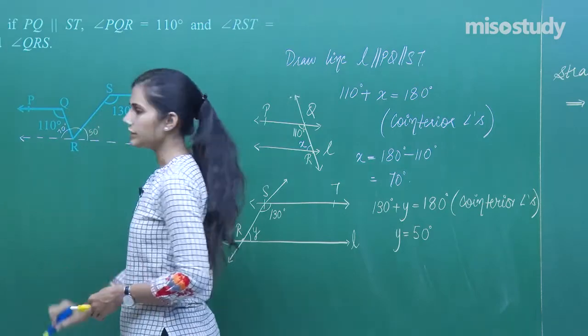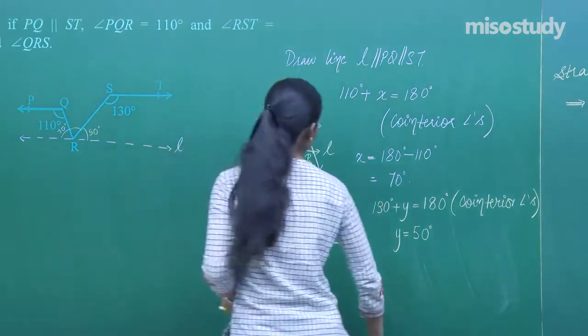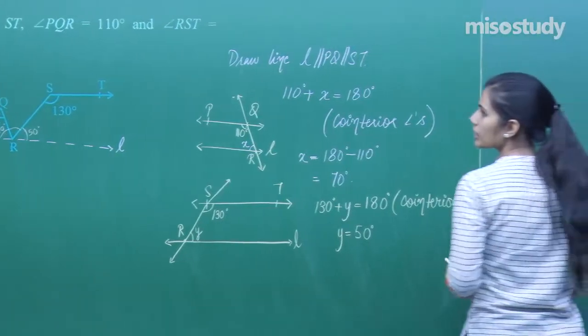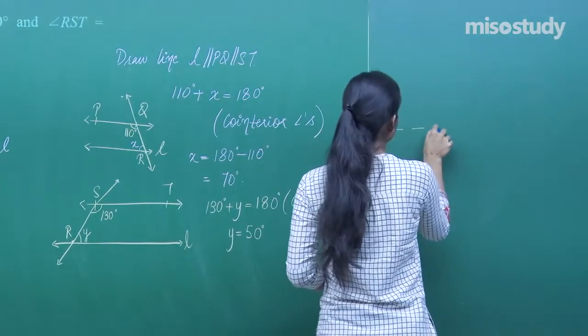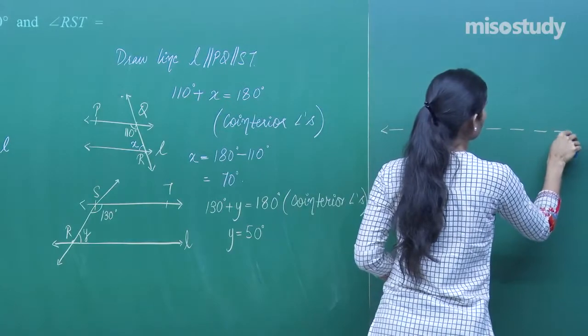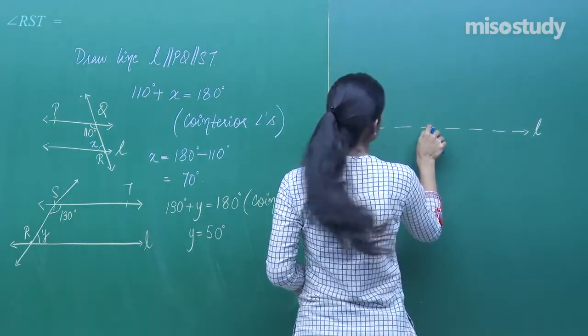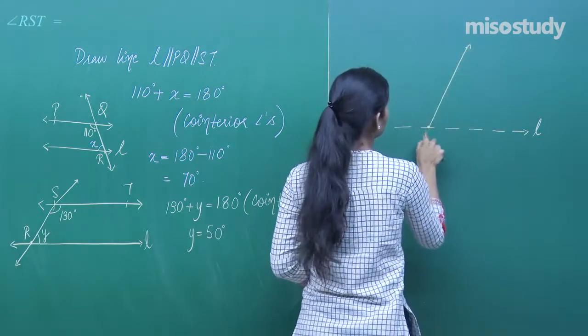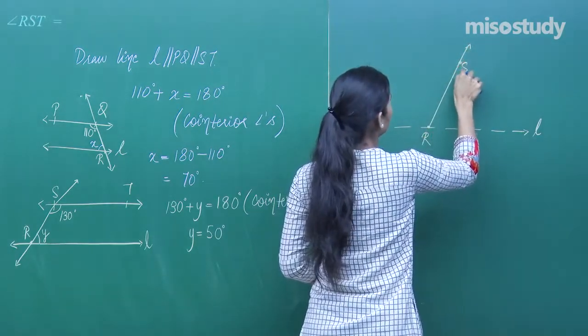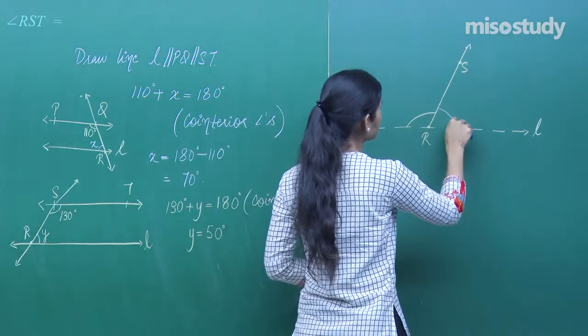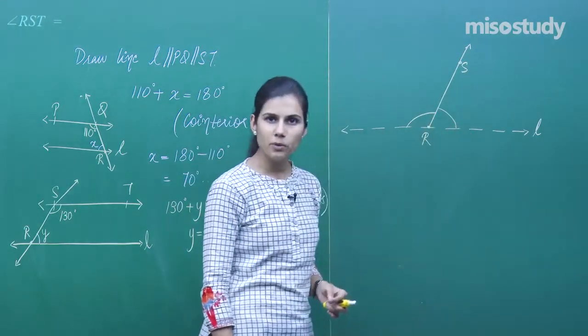70 degrees, 50 degrees. Now, how do you have to interpret this situation given in the diagram? This is your line L, and over this straight line there is this ray standing, RS. So this complete angle plus this complete angle by linear pair axiom will be 180.